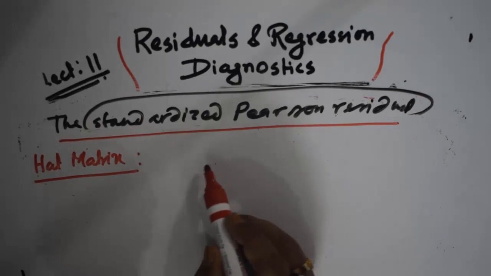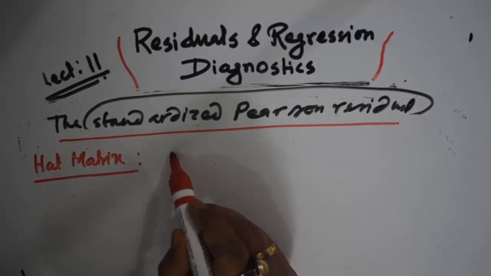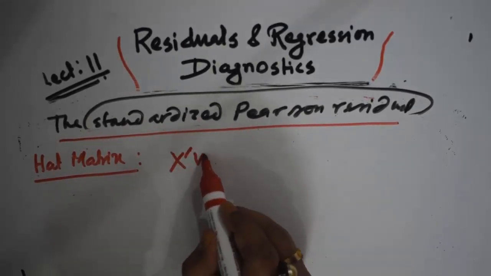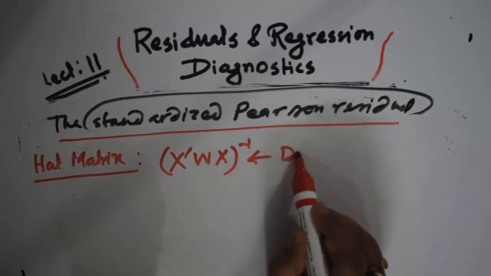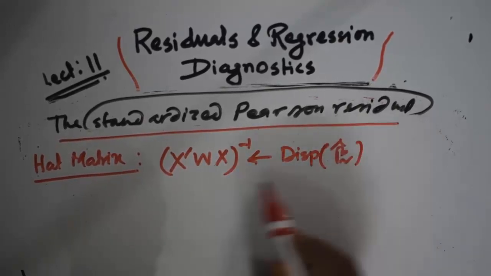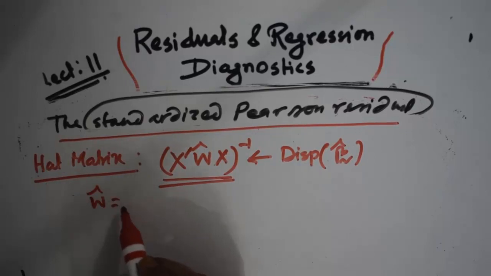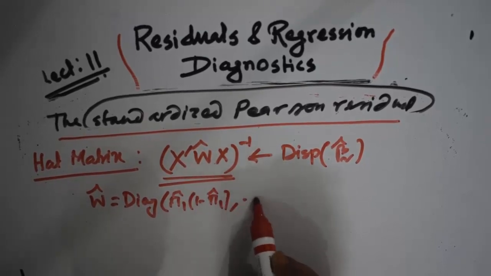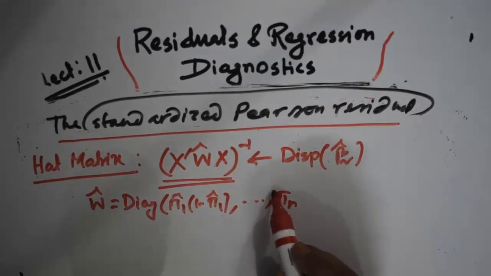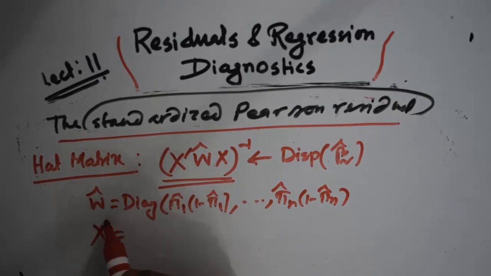I recall this is the dispersion of beta curl hat, the asymptotic variance W hat, where W hat is a diagonal of pi 1 hat (1 minus pi 1 hat) up to pi n hat (1 minus pi n hat), and X is n cross k plus 1.